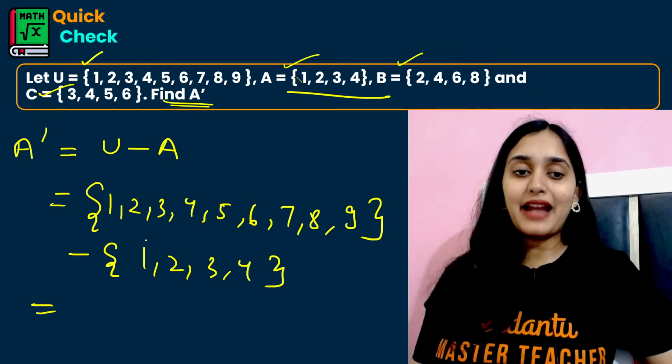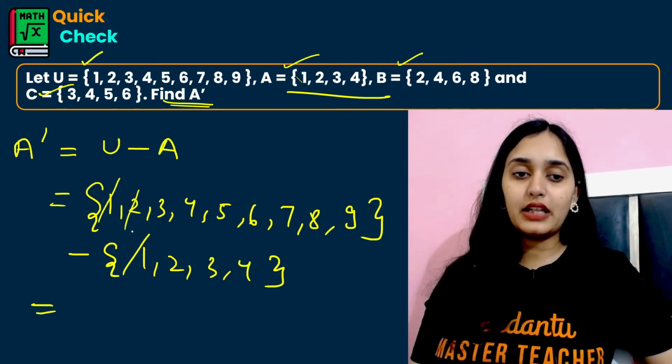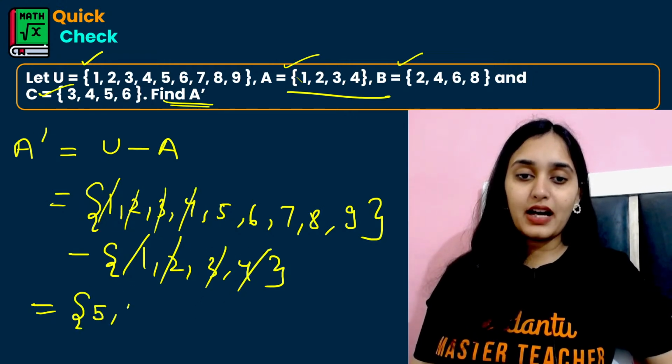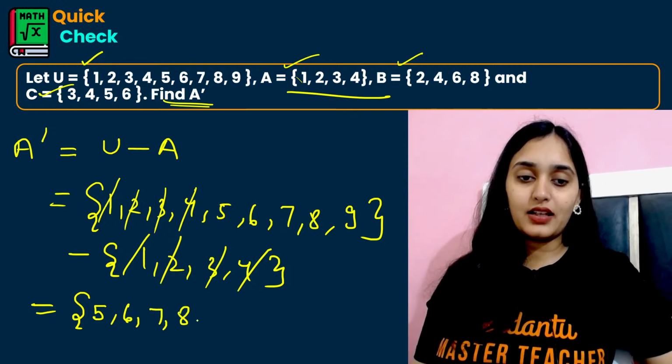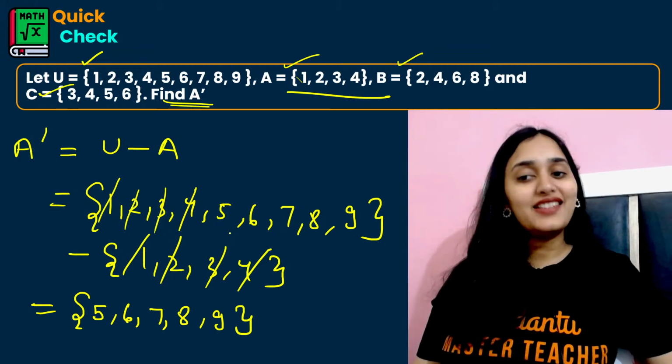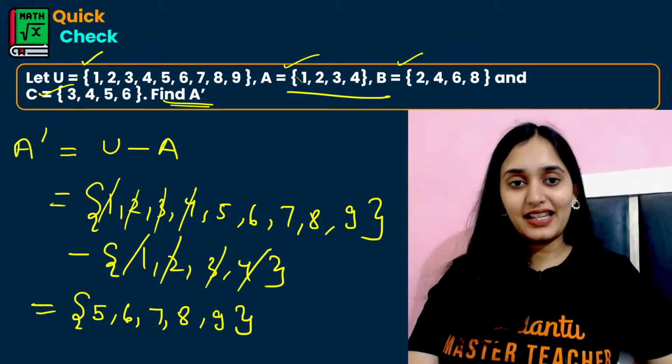So, when you subtract them, 1 not there, 2 not there, 3 not there, 4 should not be there. So, we have 5, 6, 7, 8, 9. Very good. You guys are answering it absolutely correctly.